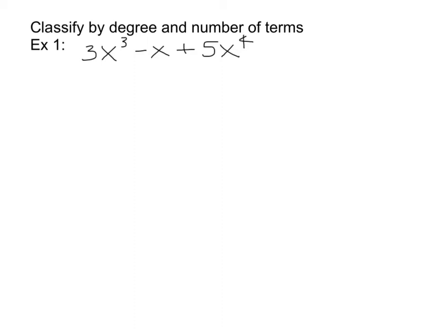Let's look at how we classify this polynomial based on its degree and number of terms. We're given 3x cubed minus x plus 5x to the fourth. First thing you want to do is write it in standard form with the highest exponent first. So 5x to the fourth, and then remember we go in descending order, so then plus 3x cubed, and then minus x.